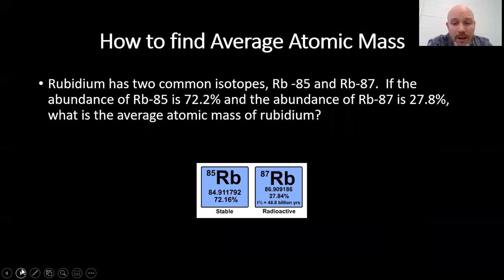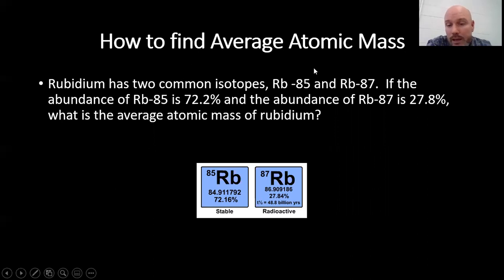So how do you find the average atomic mass? You have to know all of the versions of that element, the isotopes, and how common they are found. So what is their occurrence? What is their percentage? If we look at this example, rubidium has 2 common isotopes, Rb85 and Rb87.